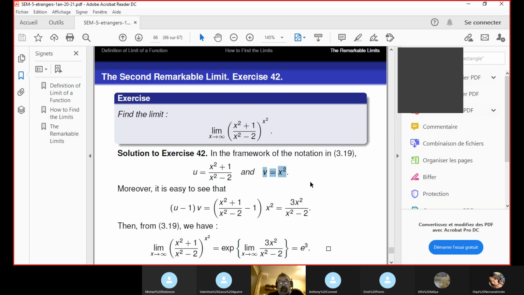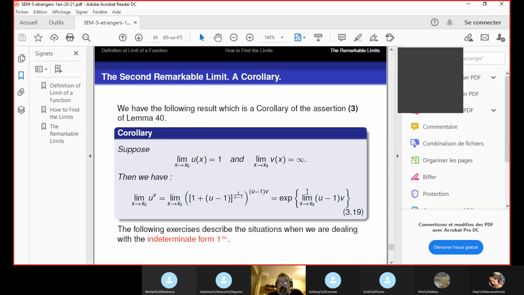If we want to use this formula 3.19, I have to find the limit of the product (u minus 1) times v.